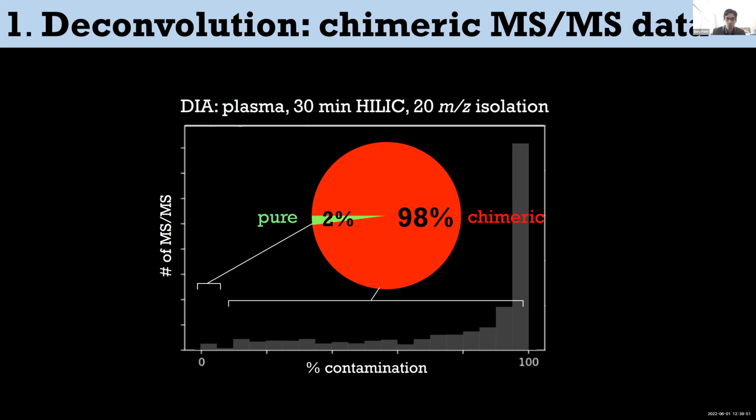It's all up towards 100%. You can see a lot of our spectra are in the 90% to 100%, or above 85% contamination mark. So it's pretty expected, as I said, that you get chimeric MSMS data in DIA. It's something that people have thought quite extensively about, and it's been an area of focus for many years in mass spectrometry.